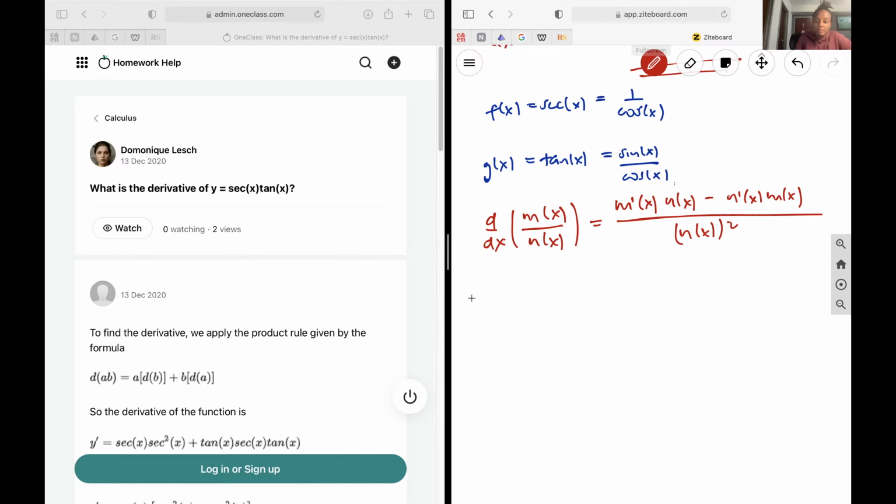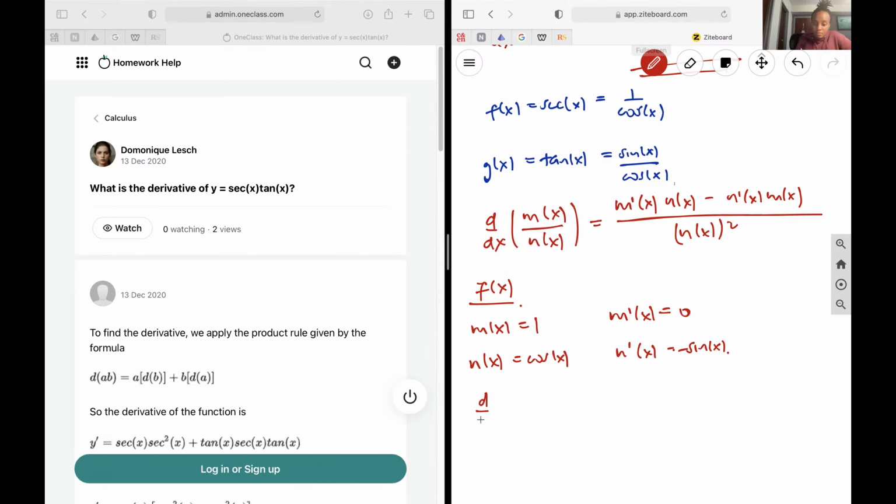So now let's go about finding these. I'm going to have to split it into two cases. For f of x, I have that my m of x is equal to 1, so its derivative will of course be 0. And for my n of x, it is equal to cos of x, so its derivative is equal to negative sine of x.